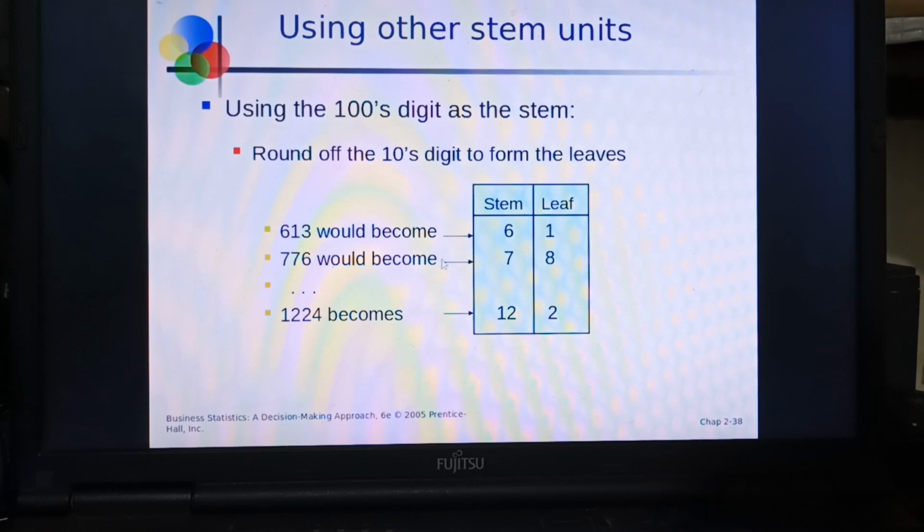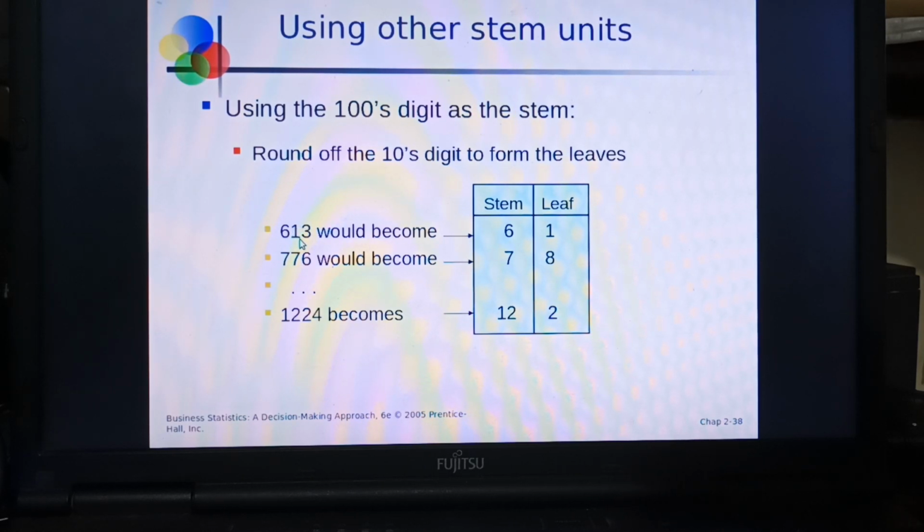Now in this example, if the data comes in hundreds, you can use the hundreds digit as the stem here. The 6 is 100, that will be 600, and the leaf would then be rounded off.